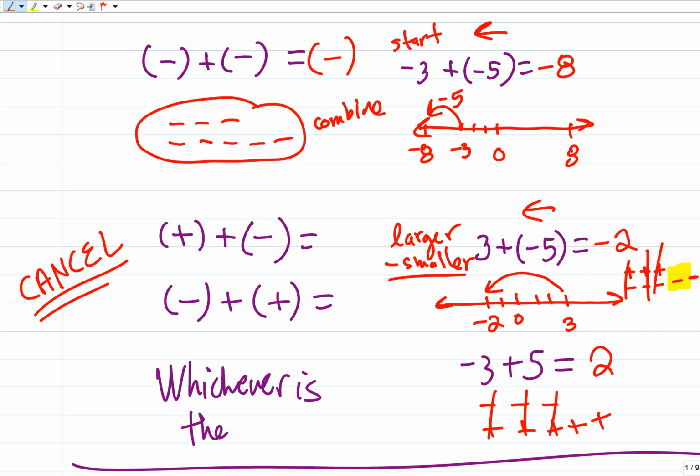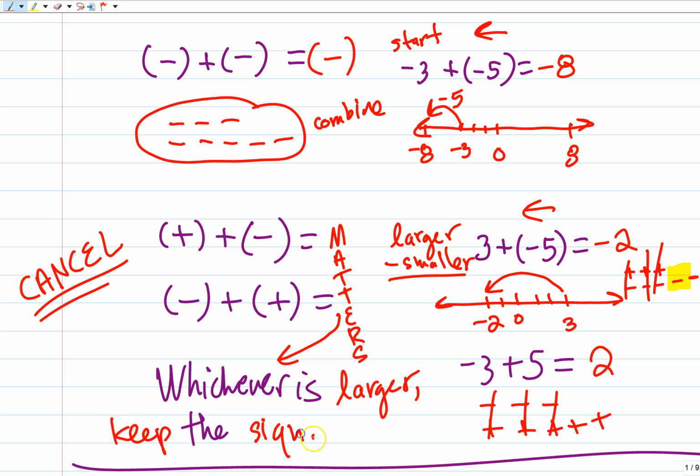So if it's a positive or a negative or a negative or a positive, what's the answer? It matters on what? Whichever is the larger, we keep the sign.